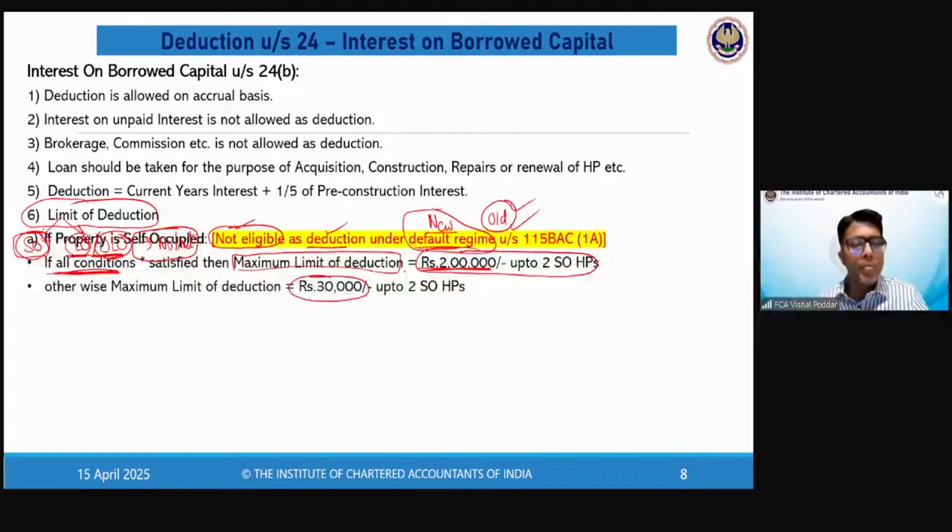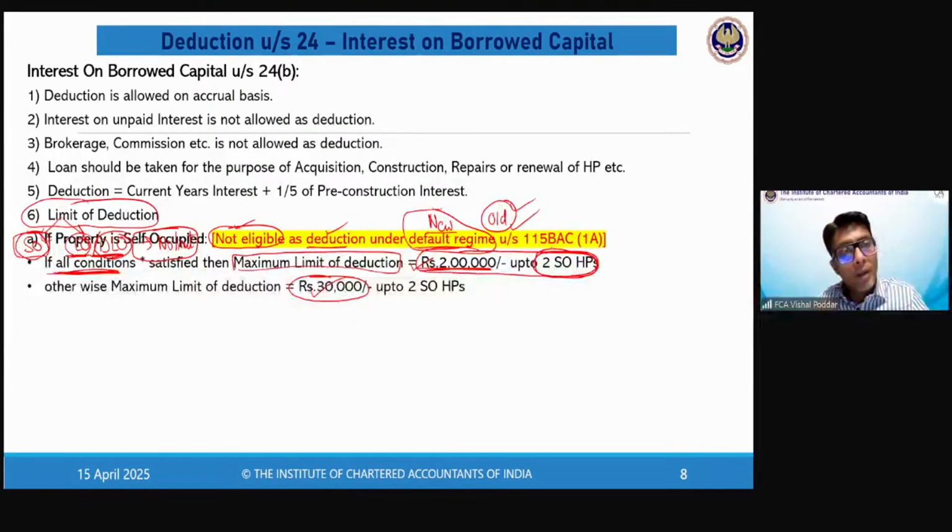So for self-occupied property under the old regime, there are two limits. You satisfy all conditions, the limit is 2 lakhs. Not satisfying any one condition, the limit is 30,000 only. And this 2 lakhs or 30,000 is for both the HPs combined, or for up to 2 self-occupied HPs. So if you have one self-occupied HP, the limit is 2 lakhs.